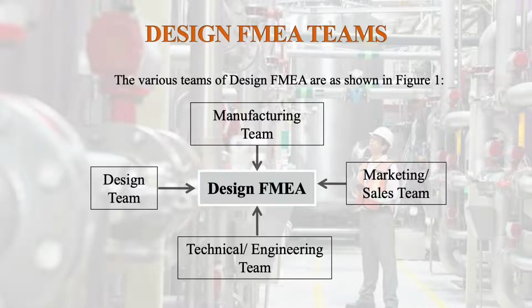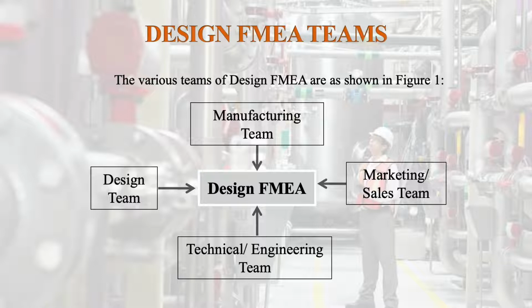So when the design is to be started, at the concept finalization stage itself, we have to think about the failure mode analysis. The various teams of design FMEA are as shown in figure 1. Here the design FMEA teams are the manufacturing team, marketing and sales team, technical or engineering team, and the design team.